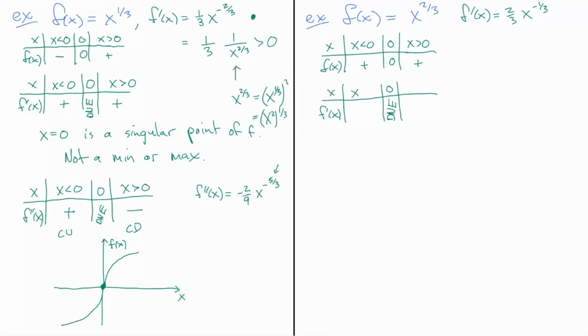And so when x is less than 0, now if we plug in negative numbers here, a negative number to the 1/3 power, 1 over it. The negative is going to survive all that. So we end up with negative, and when x is positive, we end up with positive.